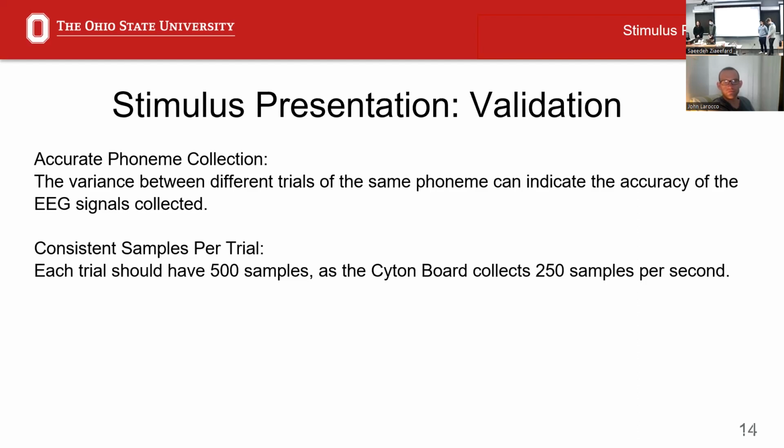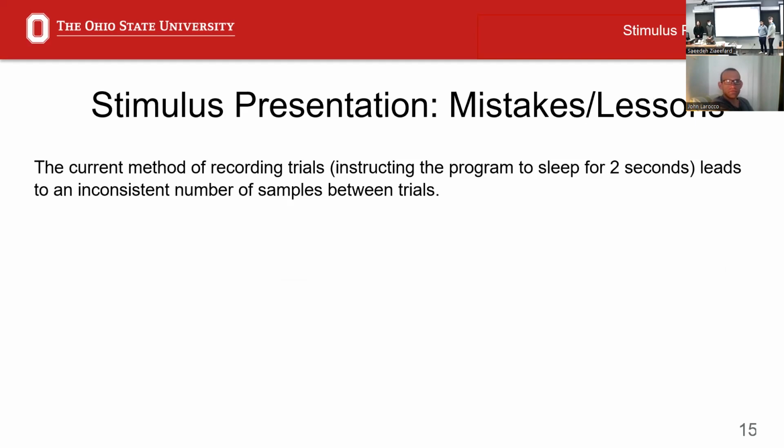We want 500 samples per trial because the OpenBCI runs at 250 hertz for 2 seconds. And on the next slide, we have not been getting 500 samples. We've been getting something around 3,000 samples, which is around 6 seconds per trial.